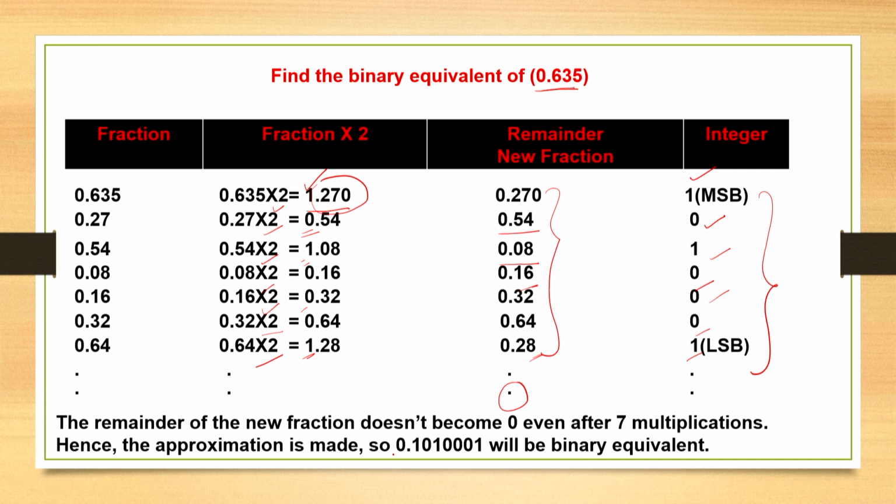So, according to that it will be 0.1010001, which is the binary equivalent of 0.635. Here you can see, although we won't get the 0, you have to stop somewhere. So, this is the approximate binary representation.